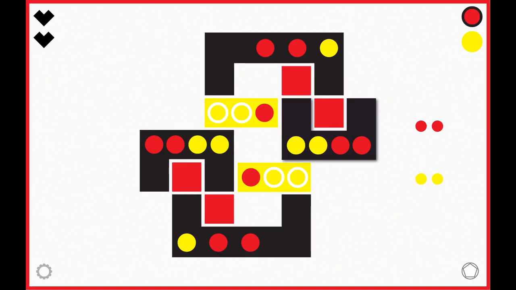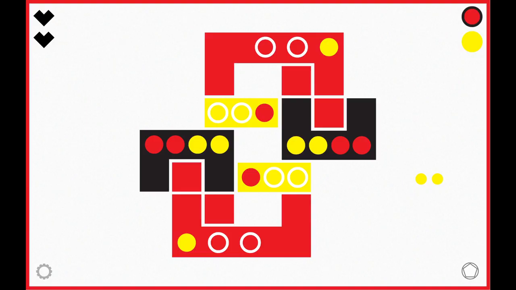Wait, how do I get the other red then? Wait, how do I get the other red? Oh, it's yellow and yellow. And then red and red. Yeah.